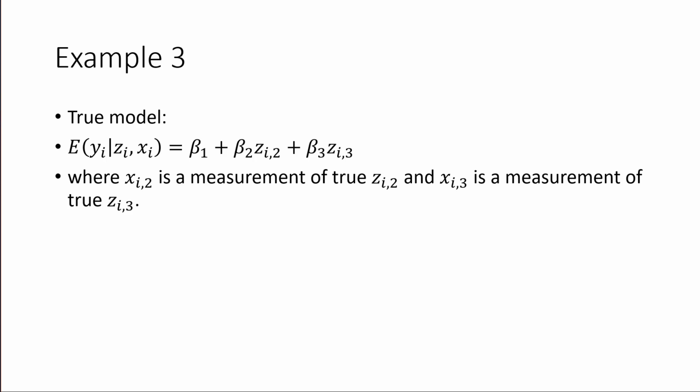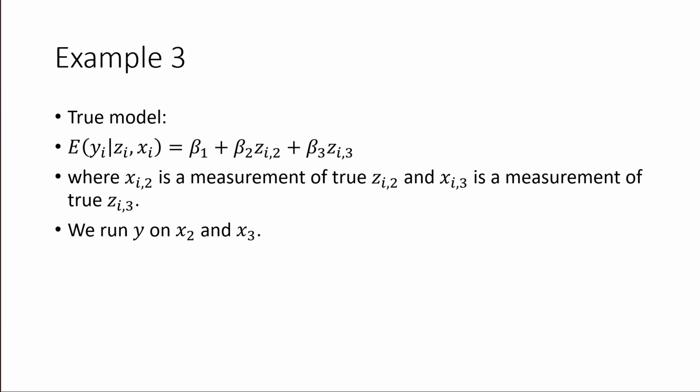So in this case, for example, xi2, the x variable with the subscript 2, is a measurement of zi2. And x3 is a measurement of the true z3. Since I don't observe the true variables z2 and z3, only the measurements of those, I run a regression of y on x2 and x3.